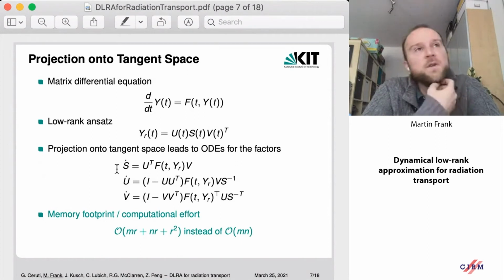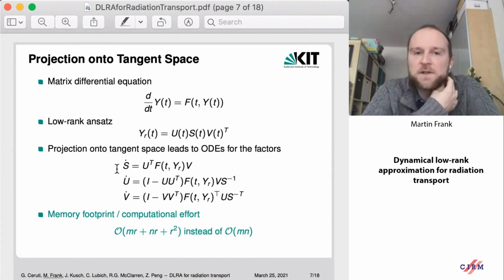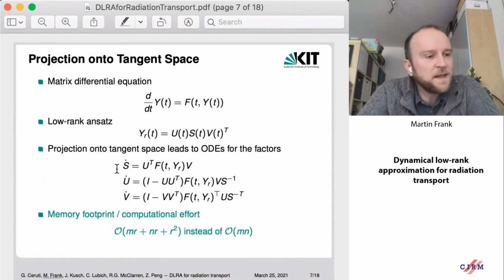Yeah, so I do not get the low rank by, you know, doing singular value decompositions all the time. But the point is, and the nice thing about this, I get ordinary differential equations for all of the 3 factors. Especially what's interesting, I get ordinary differential equations for the bases, right?